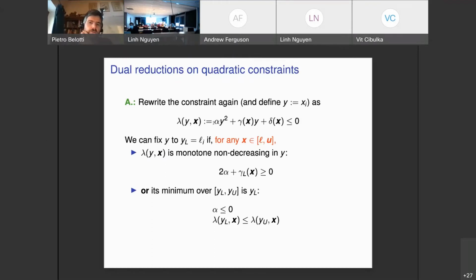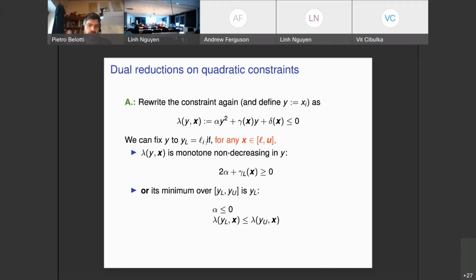So if we take this function and we find, for example, that it's monotone non-decreasing, which happens when this expression is greater than or equal to 0, or we find that its minimum over the whole interval of the variable we are looking at is YL itself, which means that these conditions must be true, then we can still fix the y variable to its lower bound.